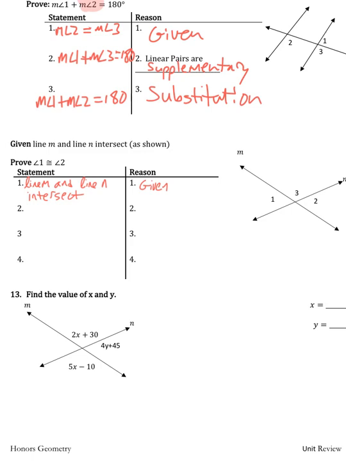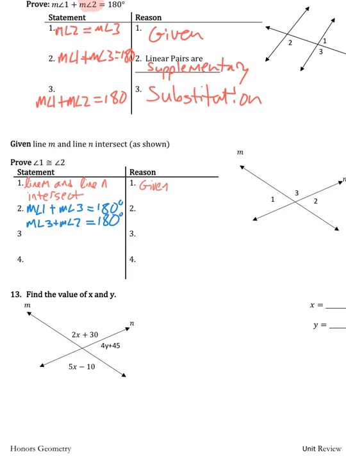Now make sure when you're writing these little equations, they should be with a measure, that m. So they add to 180. Don't just say 1 plus 3 add to 180. You got to do the measures. And the measure of angle 3 plus the measure of angle 2 add to 180. Now, how do we know that?